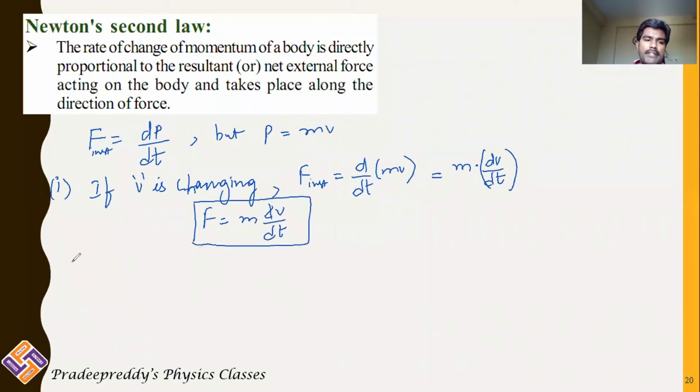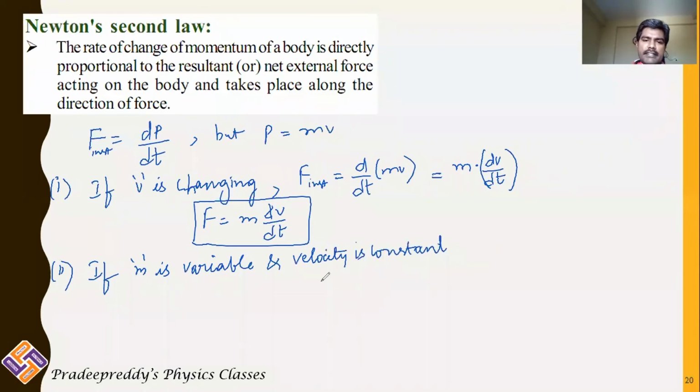But it may not always be the same situation. Sometimes mass may be variable, and velocity of the body may be constant. If mass is variable and velocity is constant, then in such cases you will be writing F instantaneous is equal to d by dt of mv. But in this case velocity is constant, so you will bring v out, that is v into dm divided by dt.